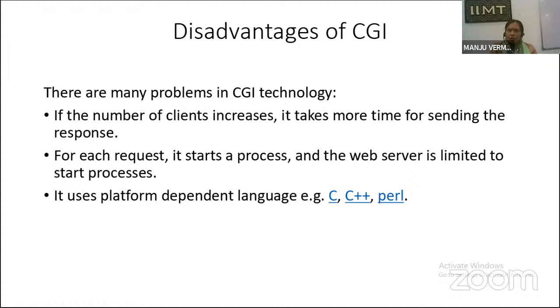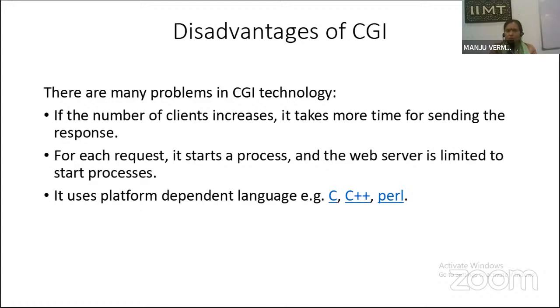If the number of clients increases, it takes more time for sending the response. Obviously, if the number of clients increases, the number of processes also increases, and it will take more time to handle each process, generate the response, and send it back to the user. So it is obviously a time consuming process.